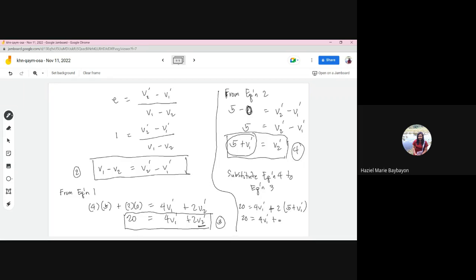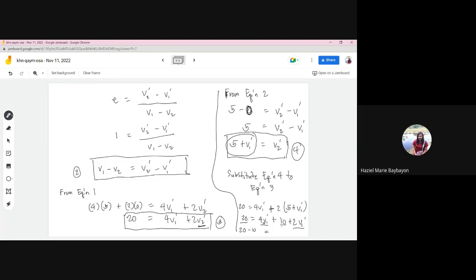2 times 5 is 10. And then 2 times V1' is 2V1'. Okay, so we combine the constants, and the like variables can also be combined. So we have 20 minus 10 equals, I moved the 10 to the left-hand side so it becomes negative.